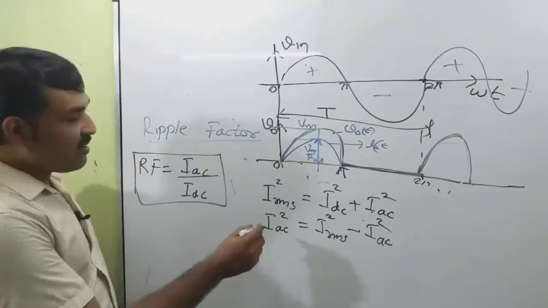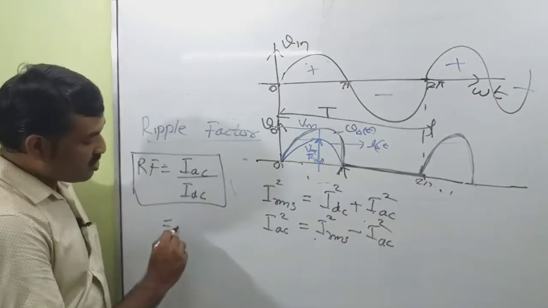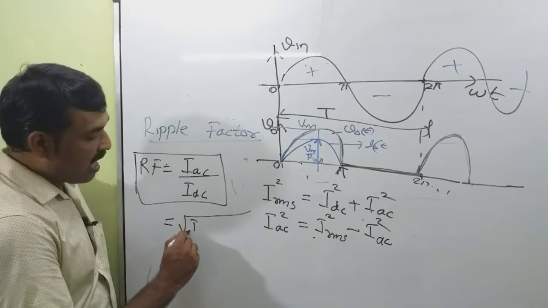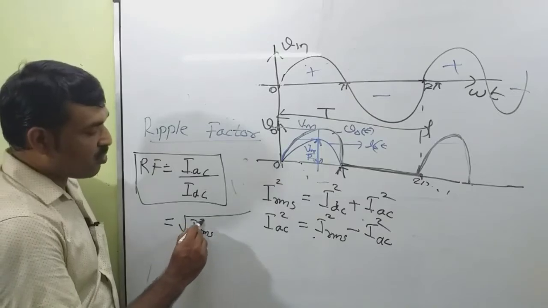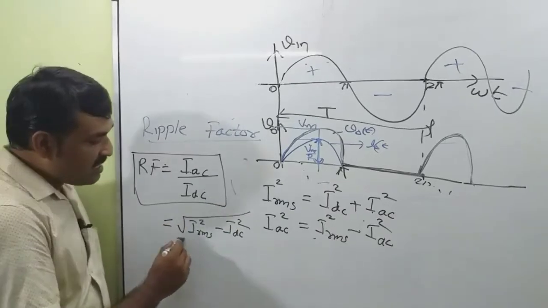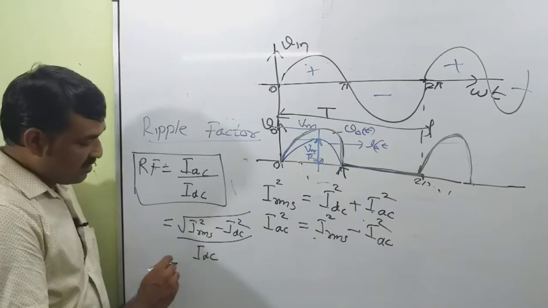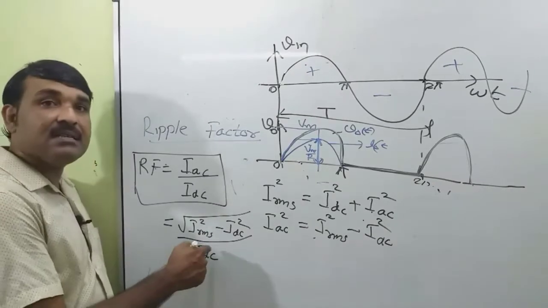Now we can write the ripple factor, that is equal to IAC, which is the square root of IRMS square minus IDC square, divided by IDC. Now I am taking this IDC term inside the square root.